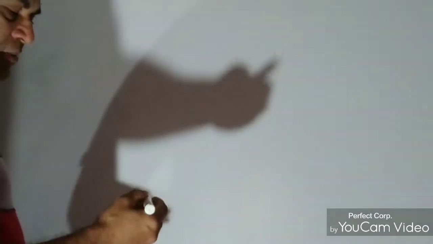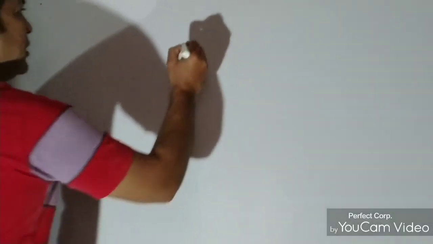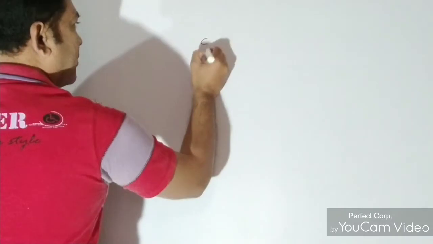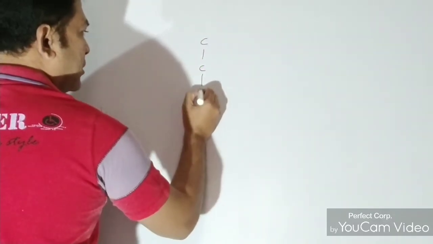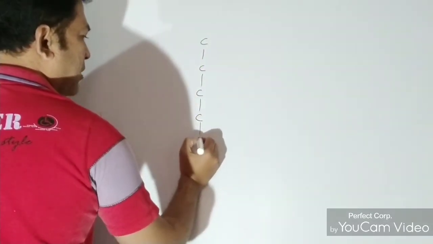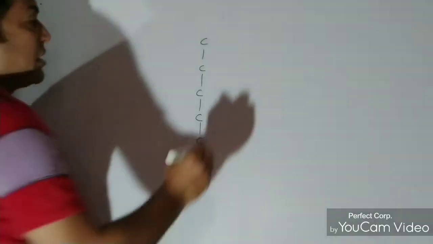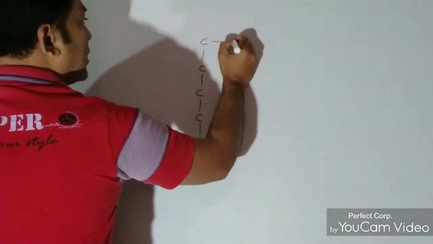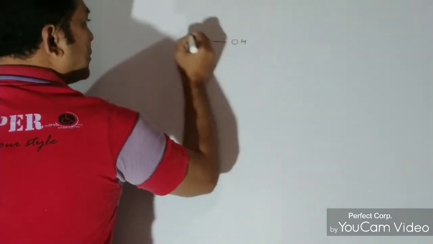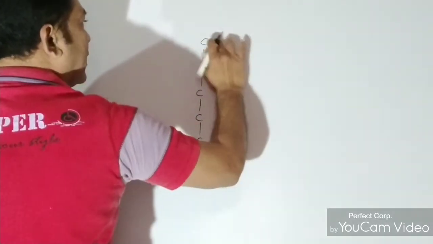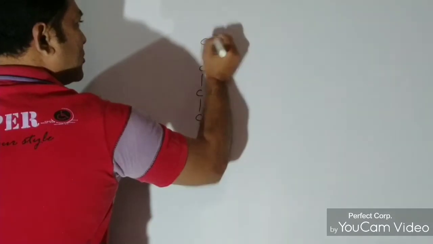We derived the structure of glucose in this manner by calculating that there are 6 carbons, and in these 6 carbons, the first carbon has an aldehyde group, which we used to speak of as CHO.